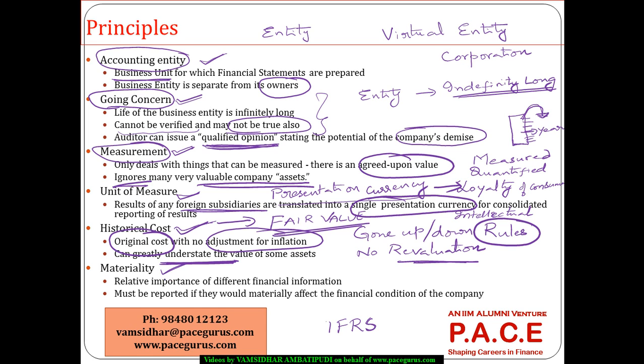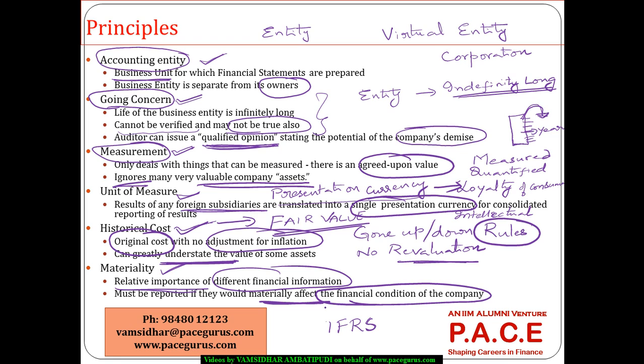Then we are talking about another principle, which is the materiality principle, wherein we are looking at the relative importance that needs to be given to the different financial information, especially when there is a possibility that a particular piece of information will definitely affect the financial condition of the company. It definitely needs to be reported.